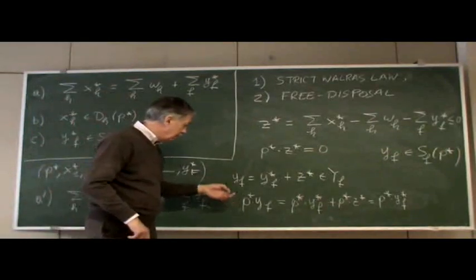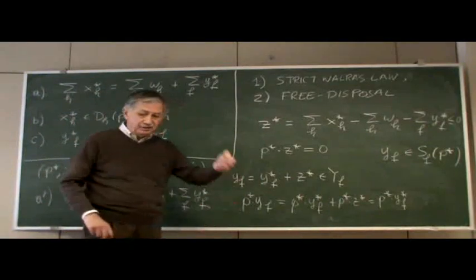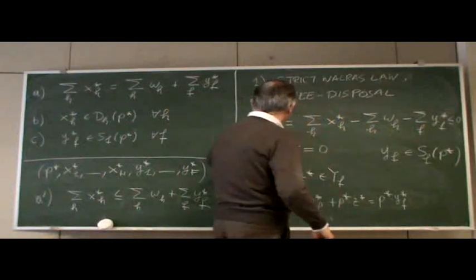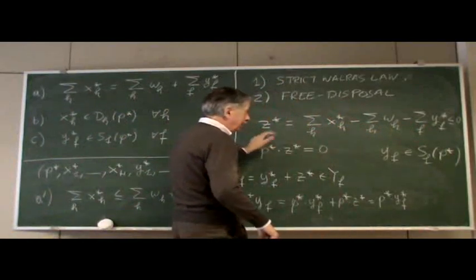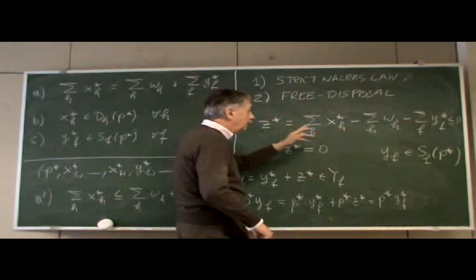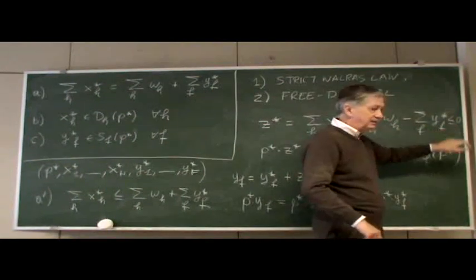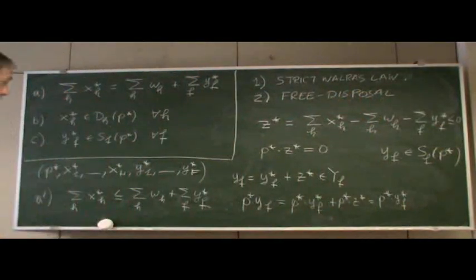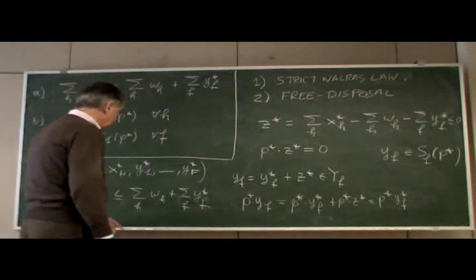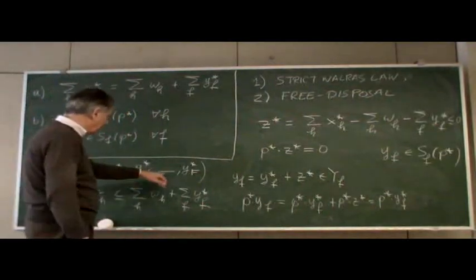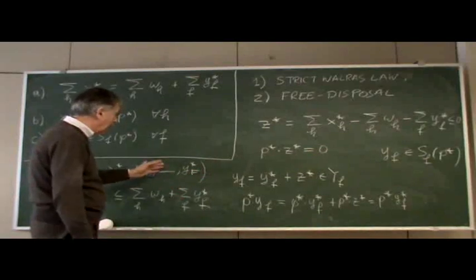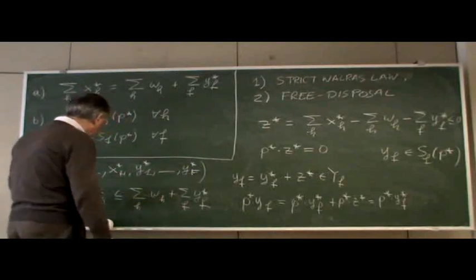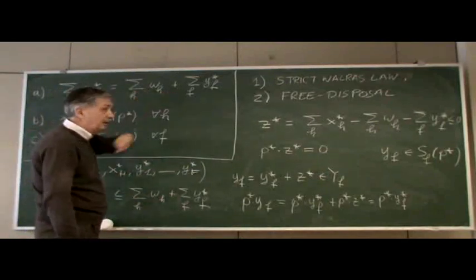Because the F firm is destroying the excess of demand. Sorry, the negative excess of demand, in other terms, the excess of supply of some goods, since Z star is a non-positive vector. If you substitute in this large vector to Y star F, you substitute YF, clearly, instead of an inequality, you obtain a strict equality.